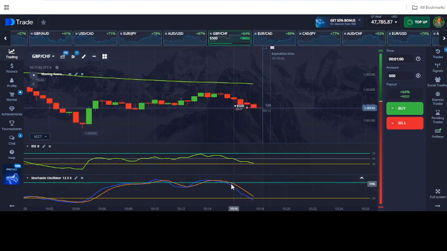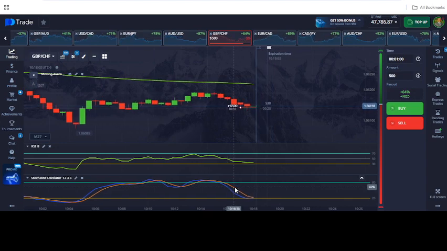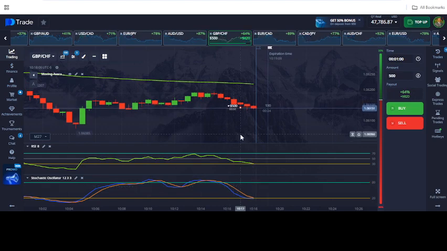And third, the blue K period line has crossed the orange D period line here, also in a downward direction. So let's monitor this trade and wait for the expiration.